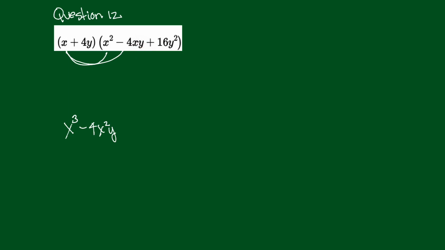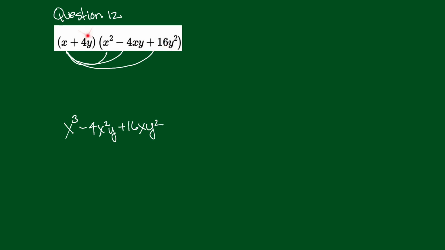Now, we have one more of these, so x over to here, I get positive 1x times positive 16 is positive 16. Now, there's no x's to multiply, and there's a y squared. Okay, so I've taken the x through. X cubed minus 4x squared y, positive 16x y squared.